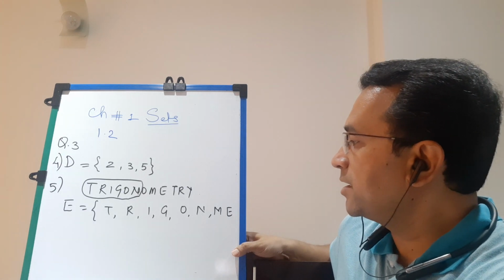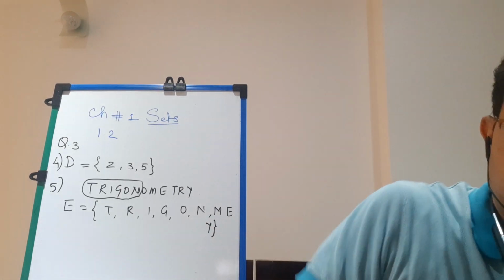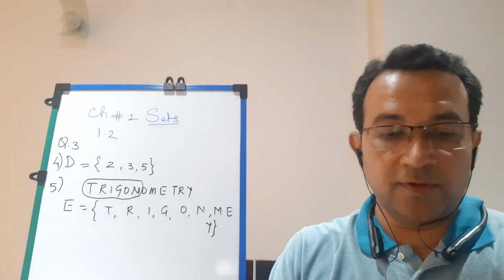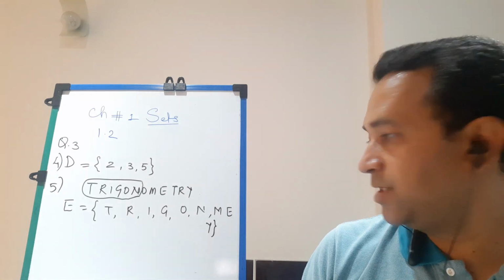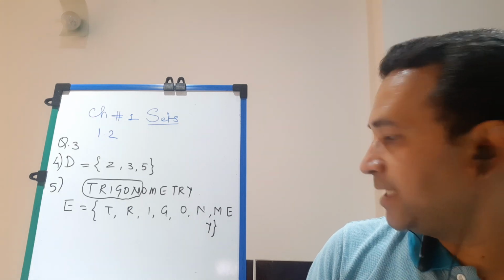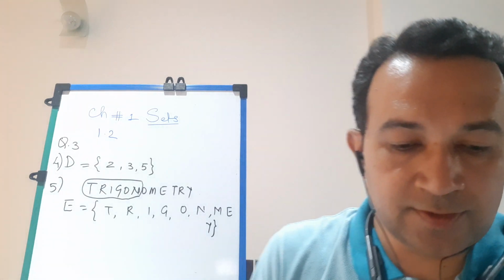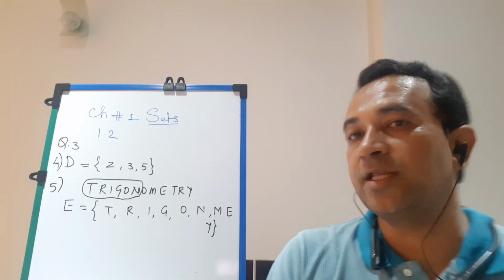R is already there. And then the last is Y. So here, students, what are our alphabets? T, R, I, G, O, N, M, then E and Y. 3 and 3, 6 and 3, 9. Check. 3 and 3, 6 and 3, 9.